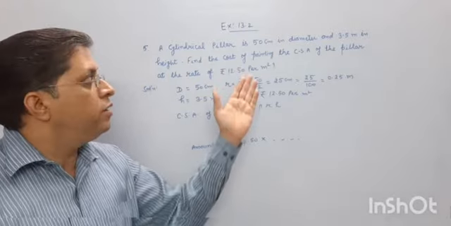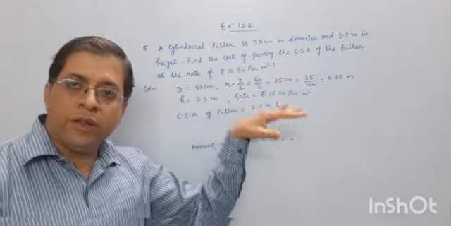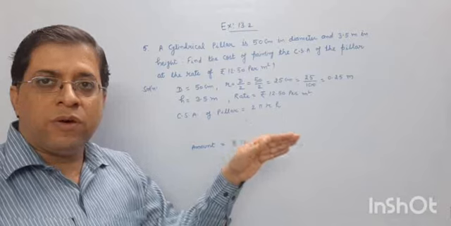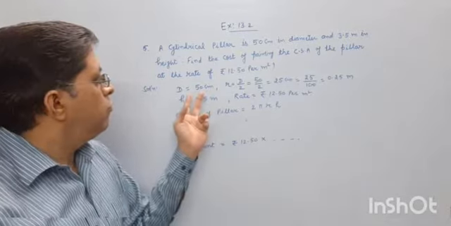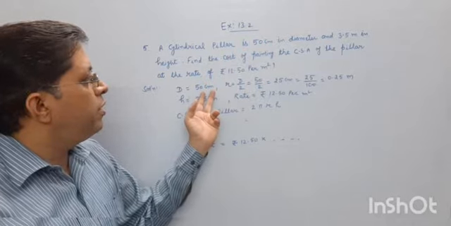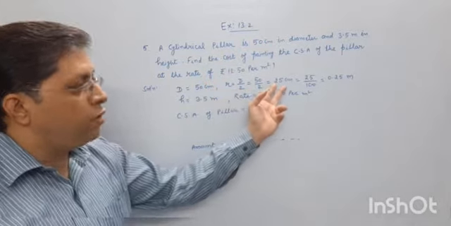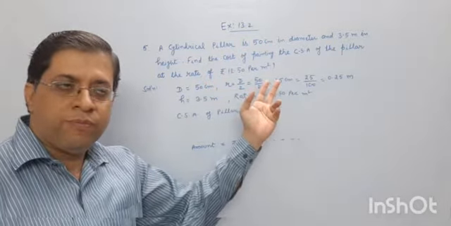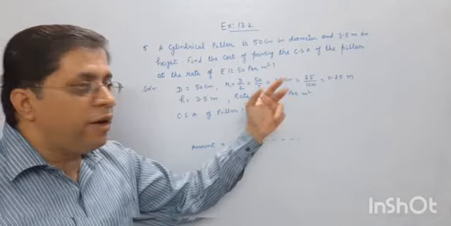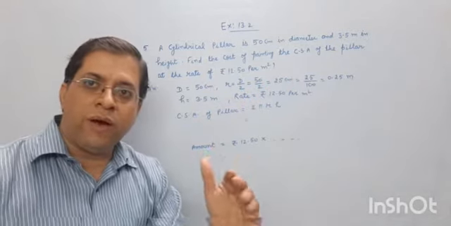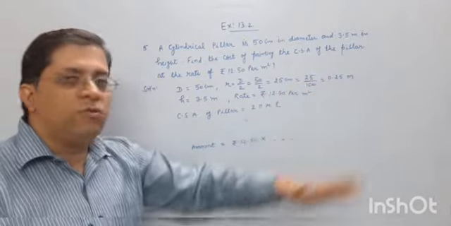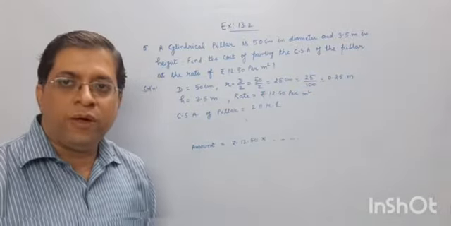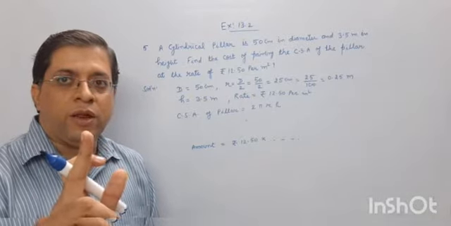So first convert diameter into radius, then radius into meters. Diameter is 50 centimeter, so the radius is 25 centimeter, it's half. To convert centimeter into meter, divide by 100. So 25 upon 100 will be 0.25. This is very clear, I think.